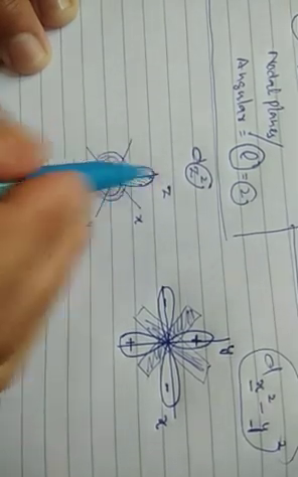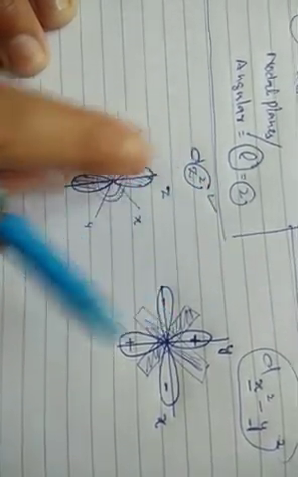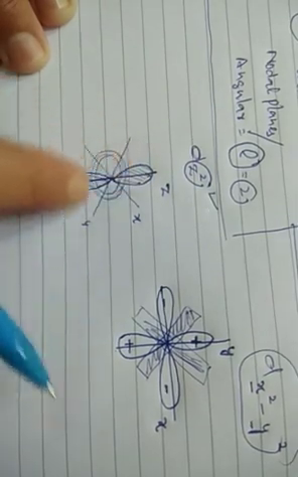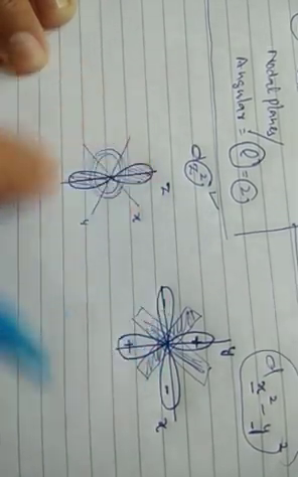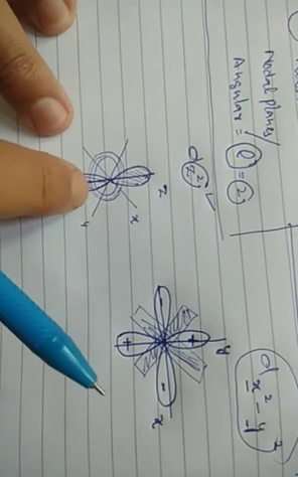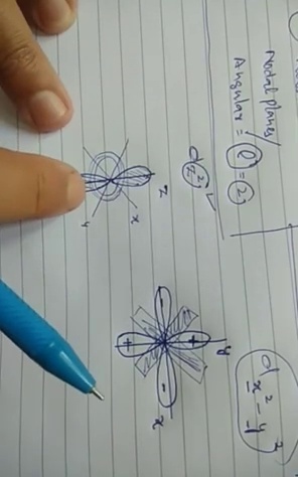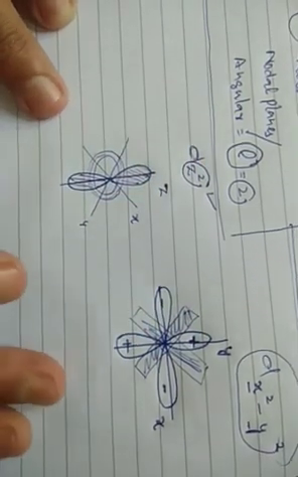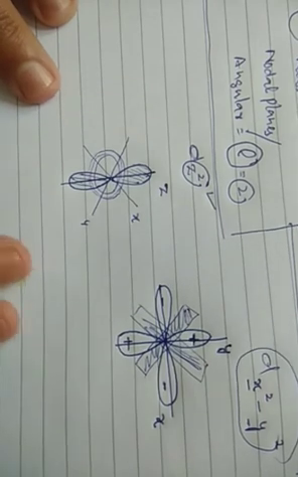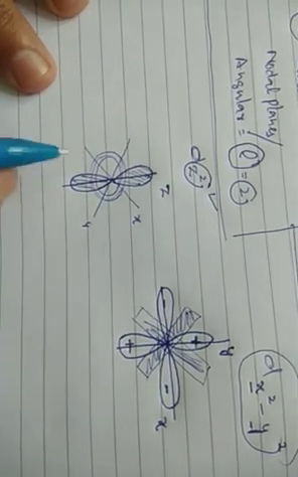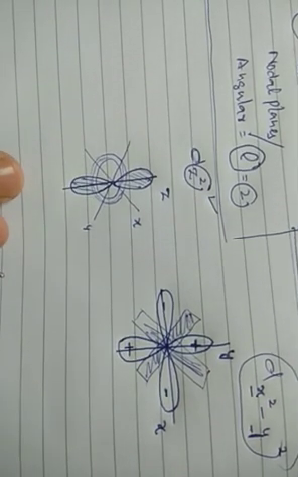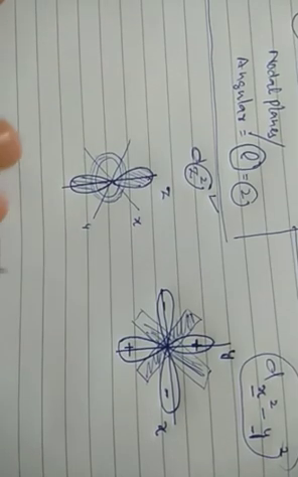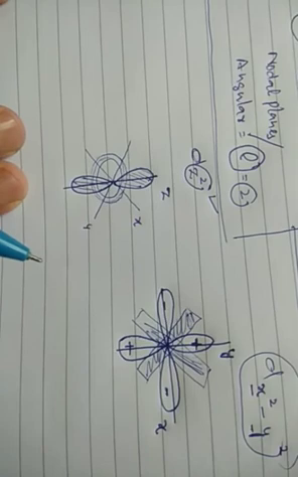This is the z-axis, that's why it's called dz square. But in addition to that, some electron density in the form of a ring is located along the x and y axes, perpendicular to the z-axis, and so this is the shape of the dz square orbital.